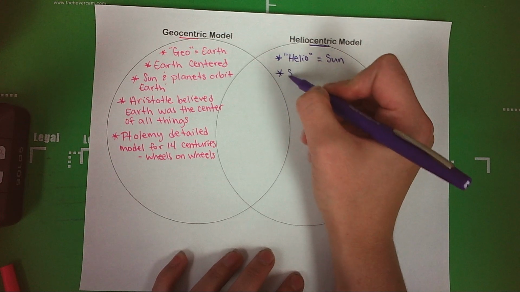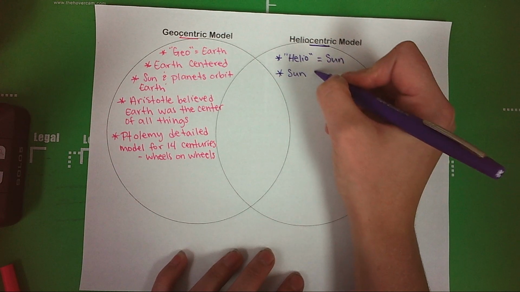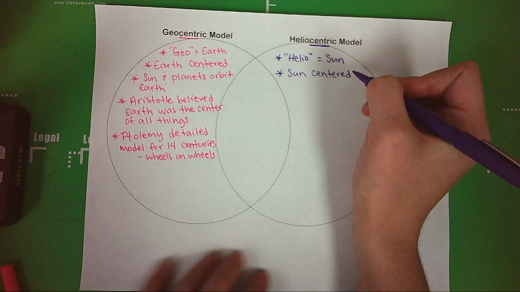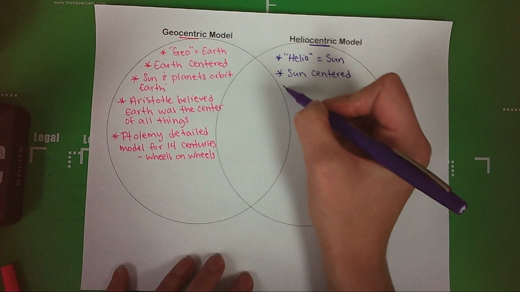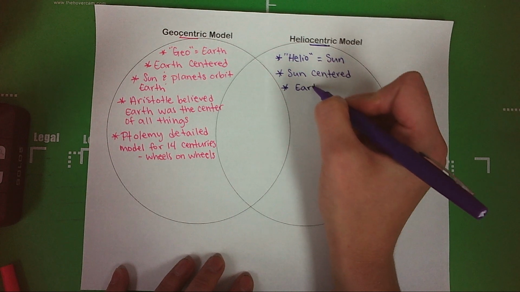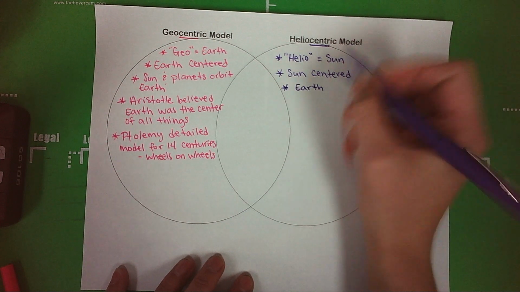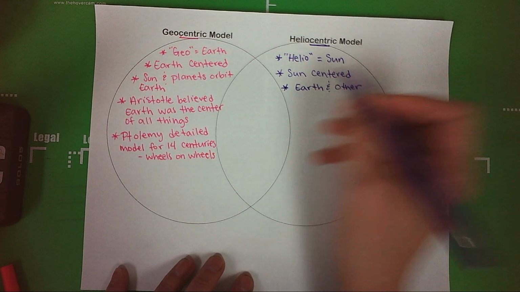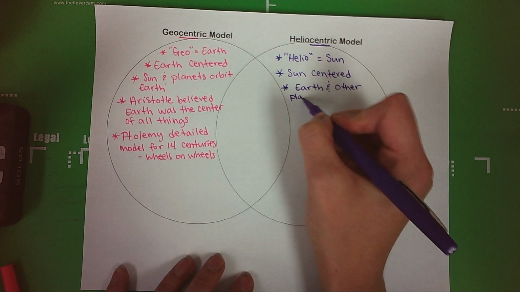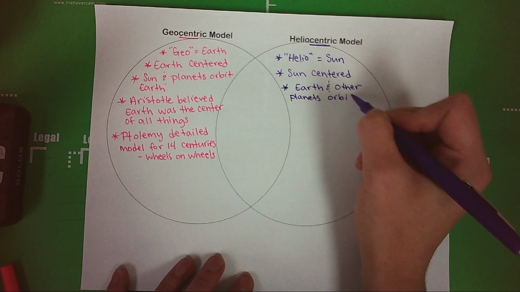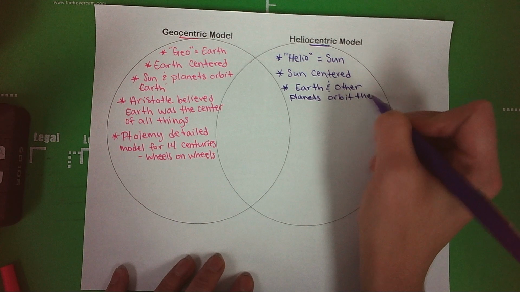So that'll be our next part, sun centered. So that would mean that Earth and the other planets orbit the sun. So Earth and other planets orbit the sun.